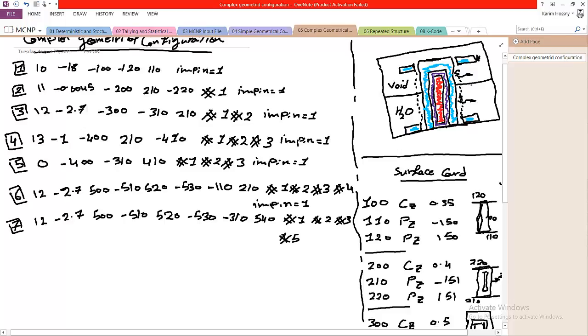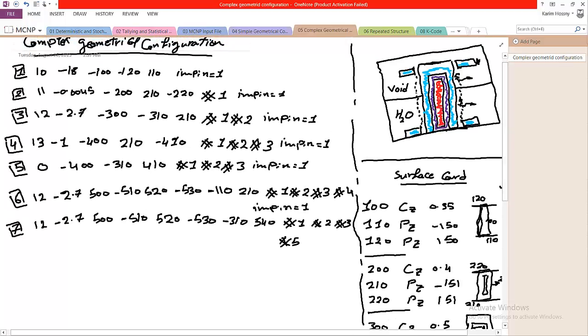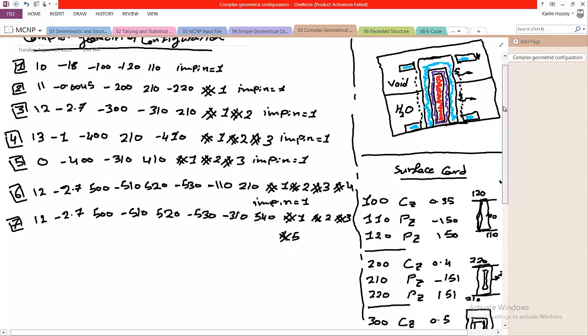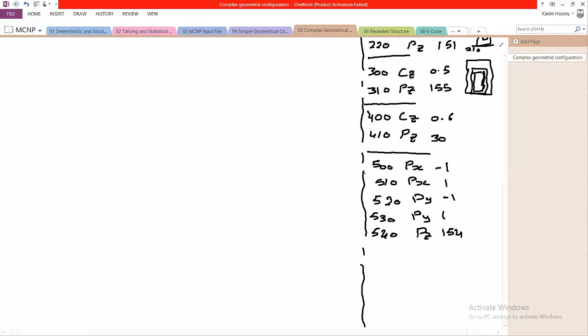Now we want to make the complete box. This complete box have to be also divided into two. One of them includes water, and the other consists of void. Therefore, first we have to specify the planes that we will use, the planes perpendicular on the x-axis, y-axis, and z direction.